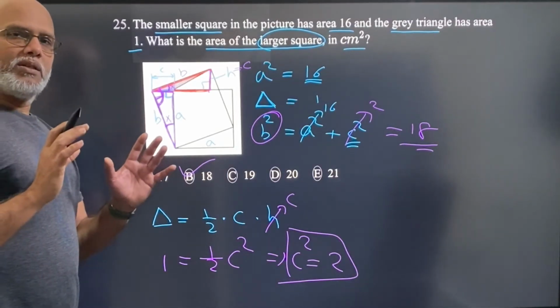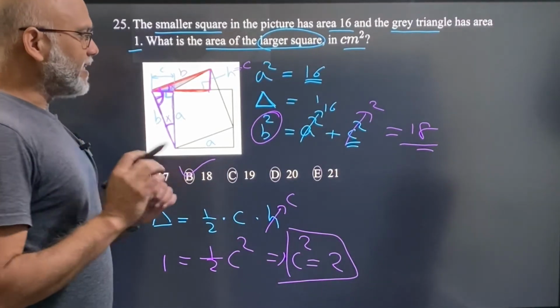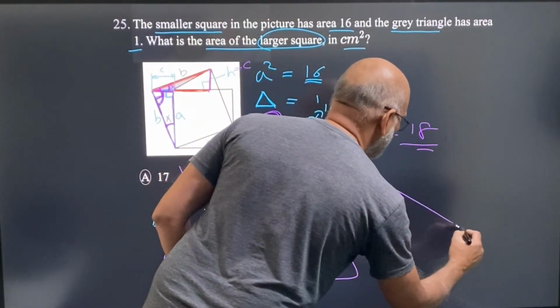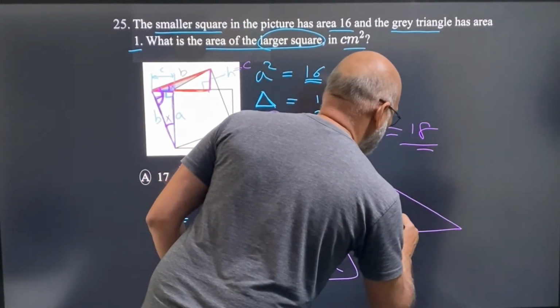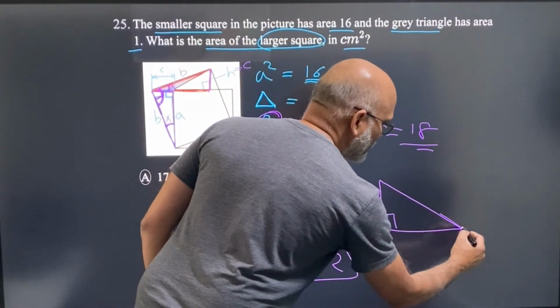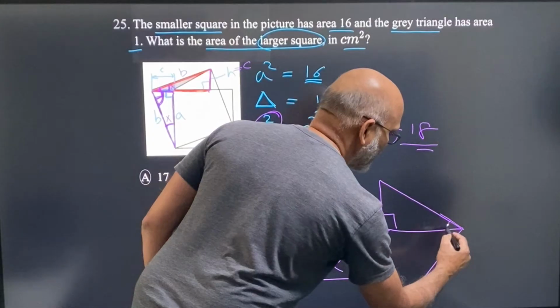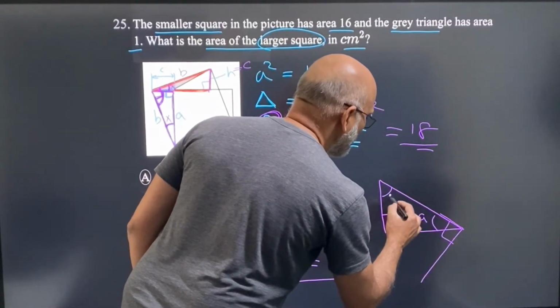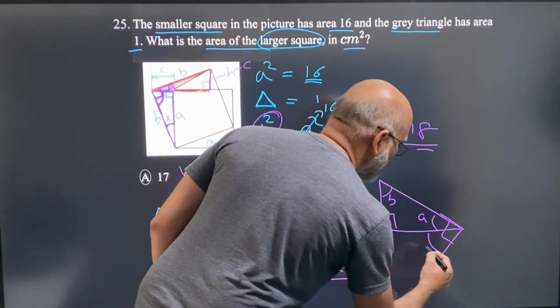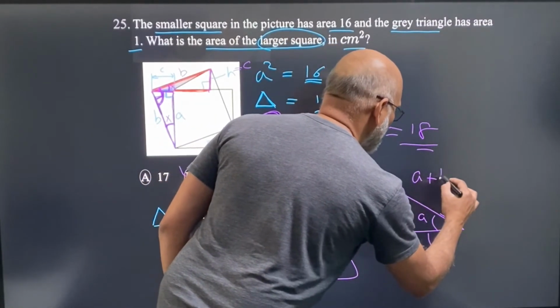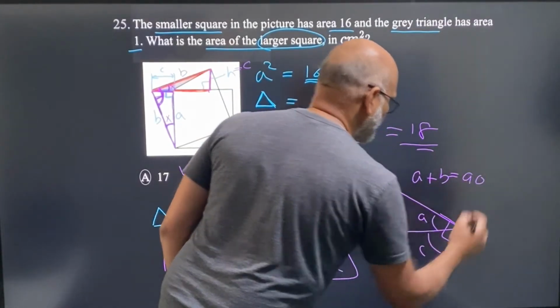One thing that often comes in handy is, let me draw a right triangle here. Okay, so this is a right triangle. If I draw a line perpendicular to this, so this is 90 degrees, let me call this angle A, this B, and this angle is C. Since this is a right triangle, A plus B is 90 degrees.